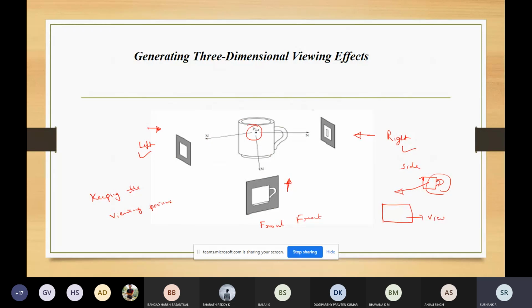We are not making any changes to the viewing parameters, but we will apply geometric transformation on the object, or the group of objects, or several objects, to get different views of that object.